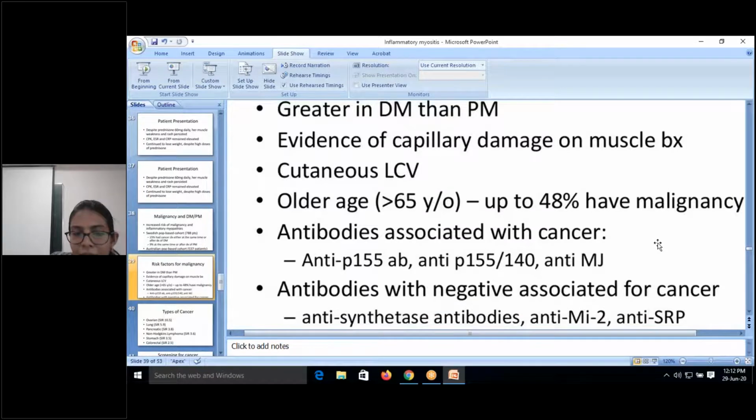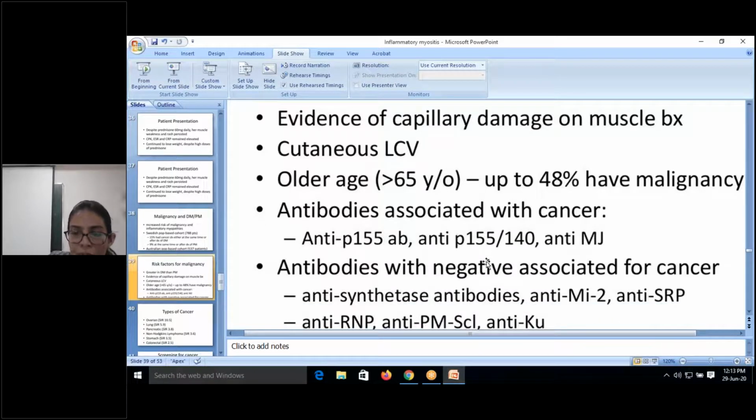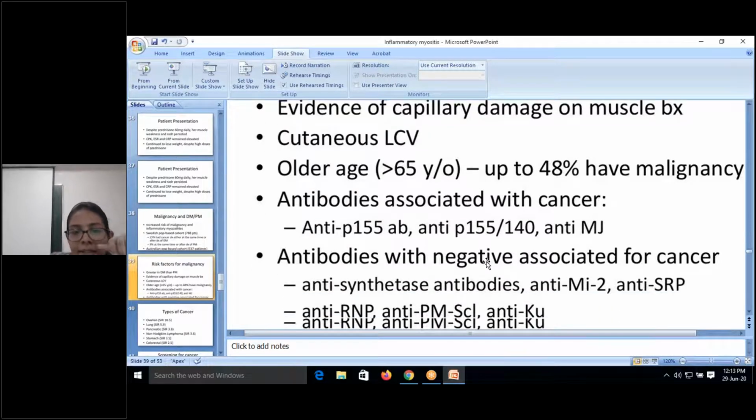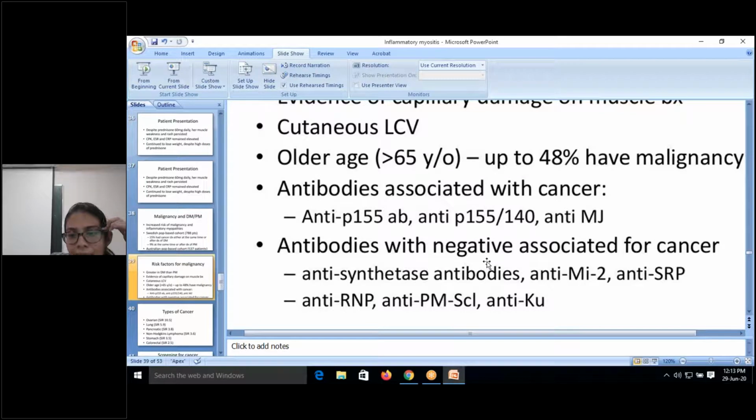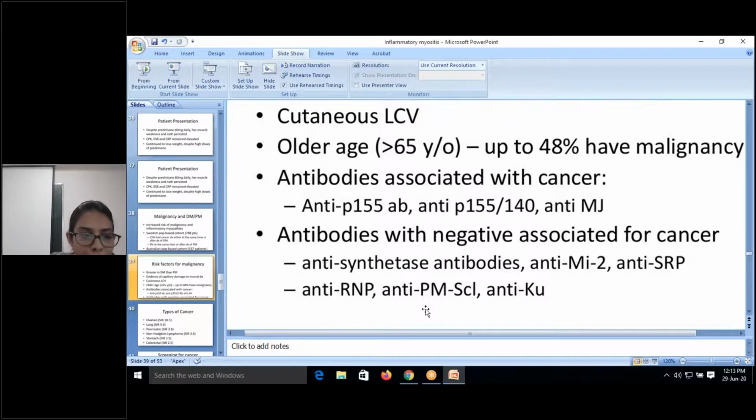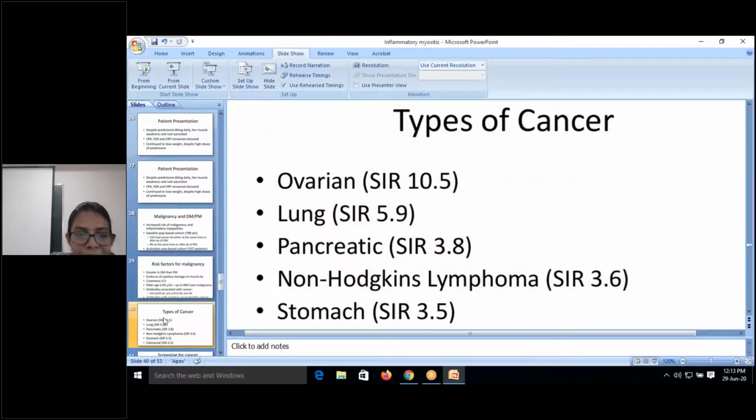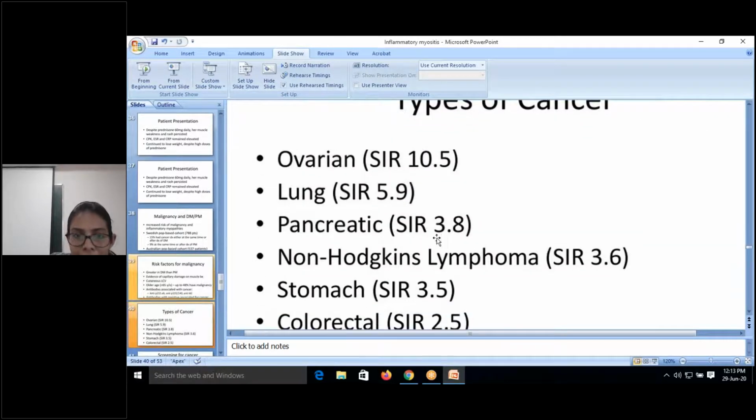Antibodies like anti-P155, anti-P155/140, anti-MJ are antibodies associated with cancer. And antibodies with negative association for cancer are antisynthetase antibody, anti-Mi2, anti-SRP, anti-RNP, anti-PM-Scl. And these are the types of cancer.